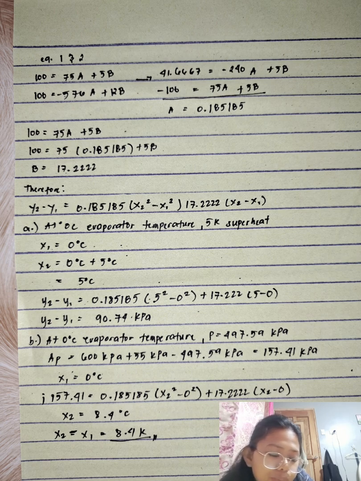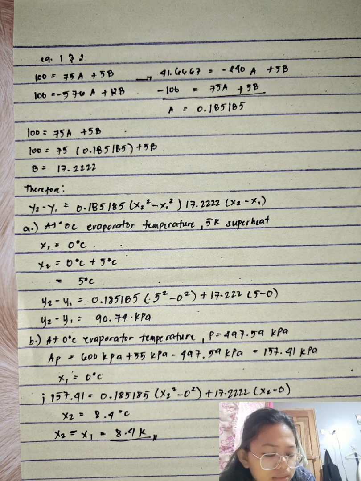So next, letter B, at 0 degrees Celsius evaporator temperature, P is equal to 497.59 kilopascal. Delta P is equal to 600 kilopascal plus 55 kilopascal minus 497.59 kilopascal, which is equal to 157.41 kilopascal.